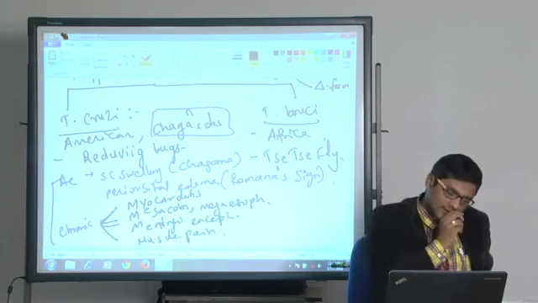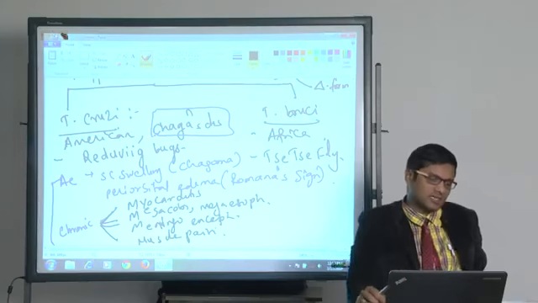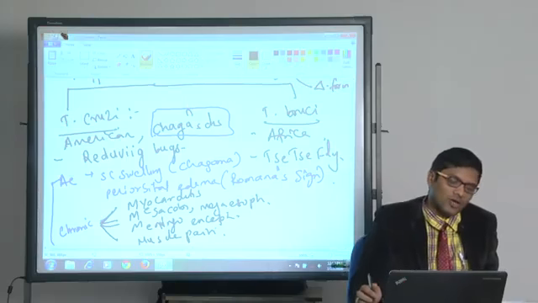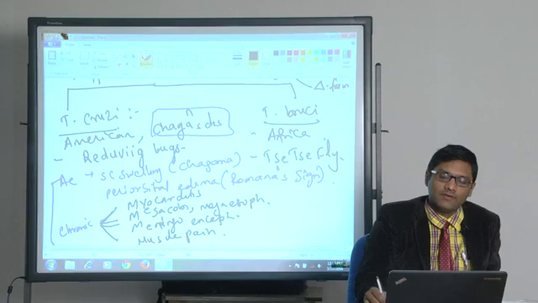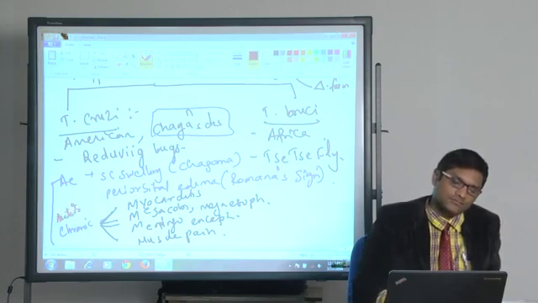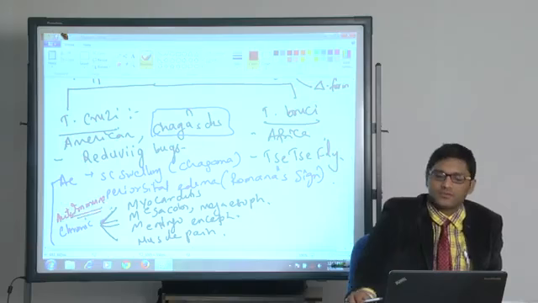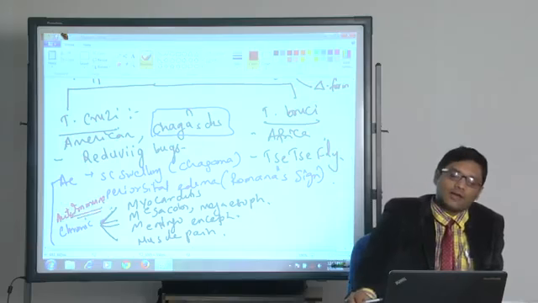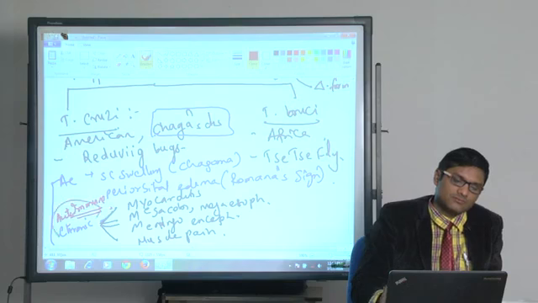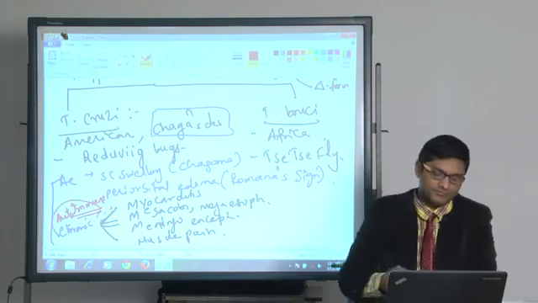All these are the various manifestations of chronic Chagas disease, and usually it is autoimmune. The manifestation of chronic Chagas disease is due to an autoimmune mechanism. Molecular mimicry is the reason behind the various manifestations of chronic Chagas disease.